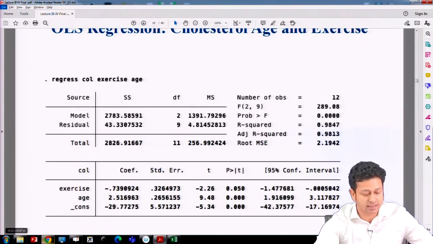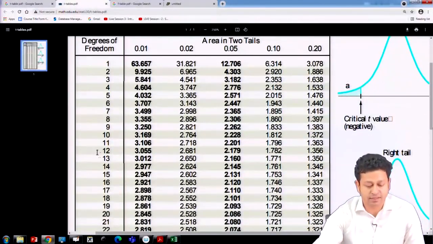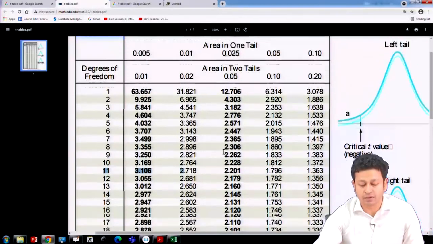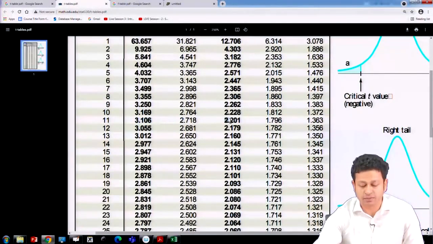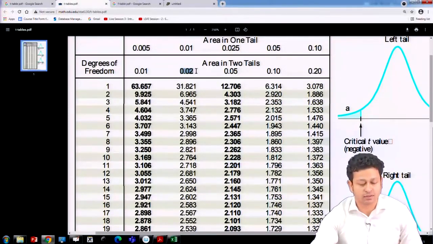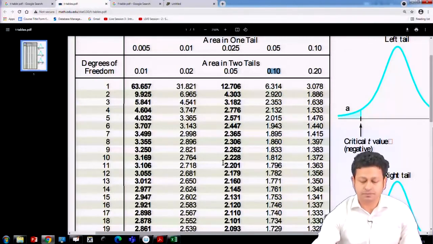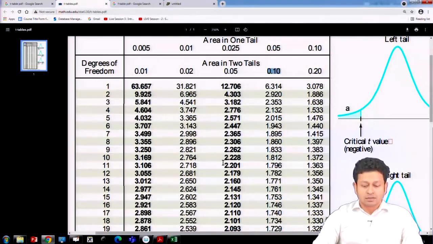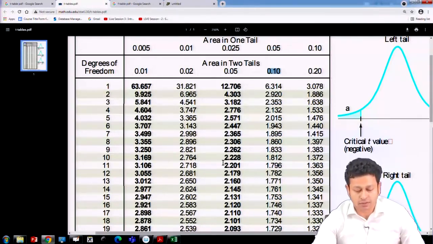We can go to the t table again to make sense of this. For 11 degrees of freedom, with area in two tails, it is 2.201. We don't have values for all the different areas; we have areas like 2%, 5%, and 10%. It is 2.7 for 2%, and 1.79 for 10%.